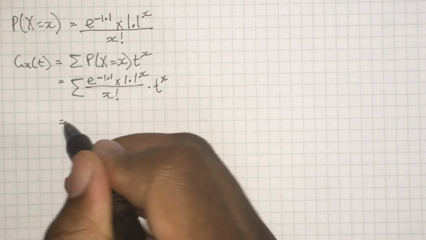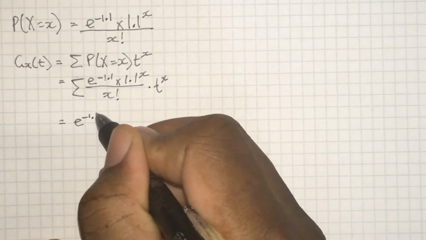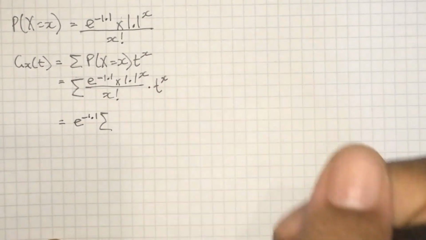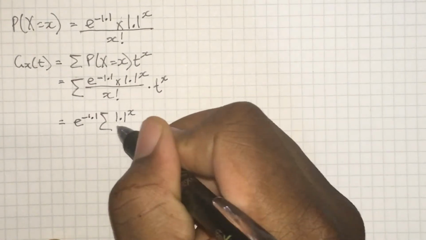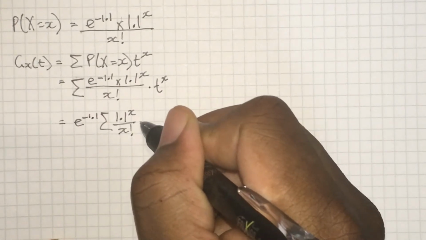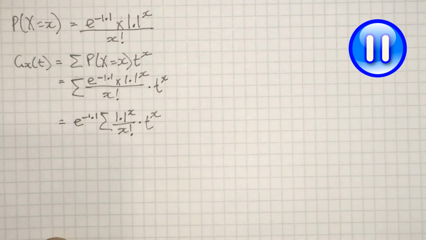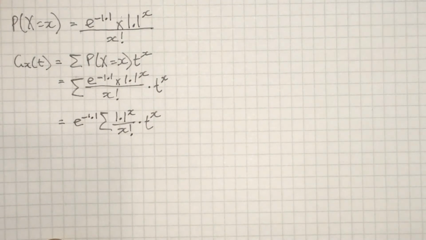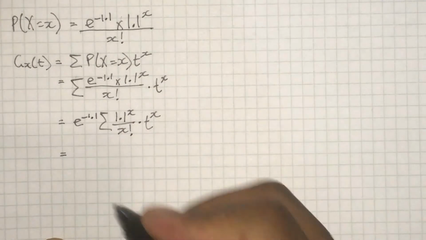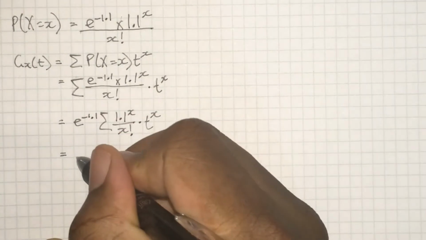Okay, I noticed that e to the negative 1.1 is a constant, so I'll take that outside, and I'm left with 1.1 to the power of x over x factorial multiplied by the dummy variable. So I'm in a situation again where I notice that the 1.1 and the t have the same power. So why not write them together in a bracket to that power?